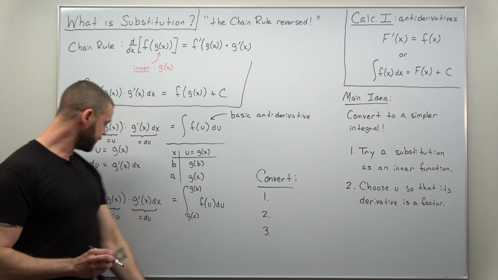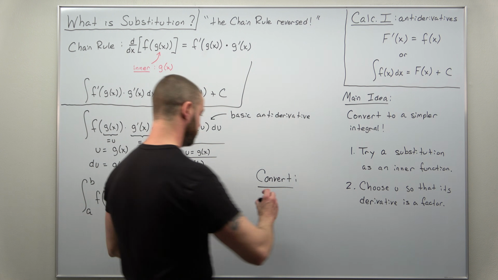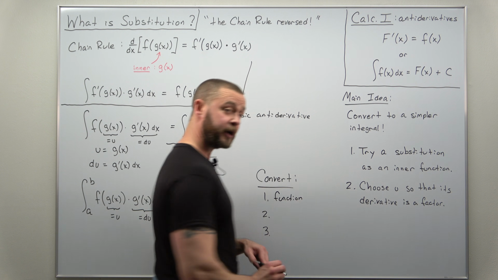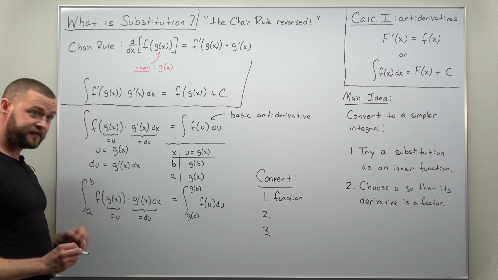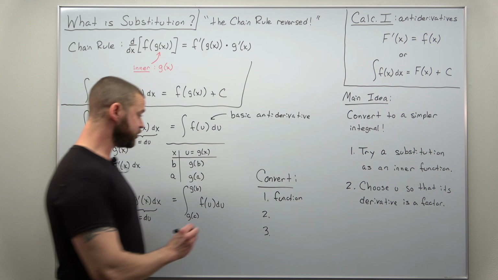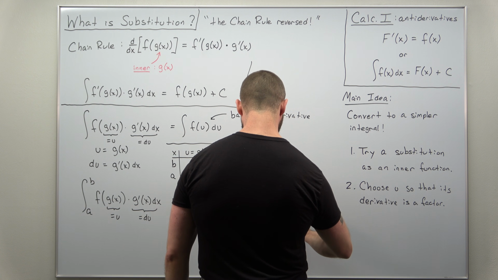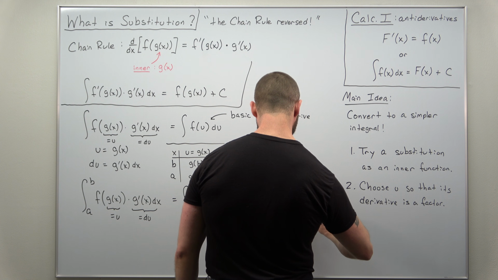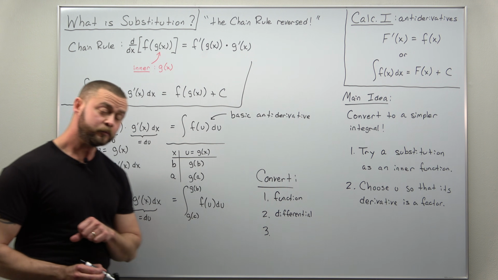So first, we convert the function, all right, that's converting f of g of x to f of u. We also need to convert the differential, in various factors of dx to du.